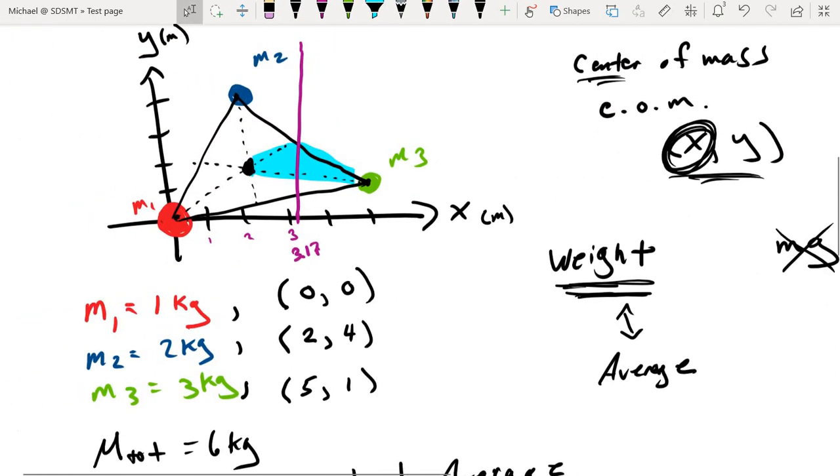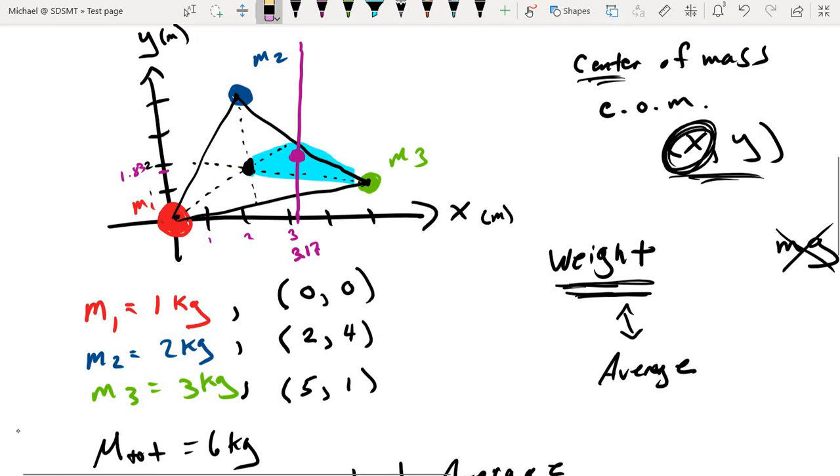So back up to the diagram. 1.83 meters is just a little bit below the 2, so maybe right about here. And we're going to draw a line across that, and where the two lines intersect is the center of mass for our system. Now my line went a bit askew there.